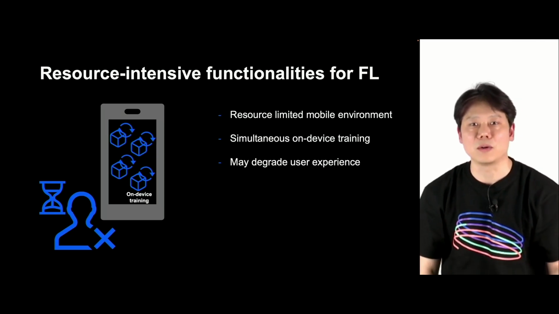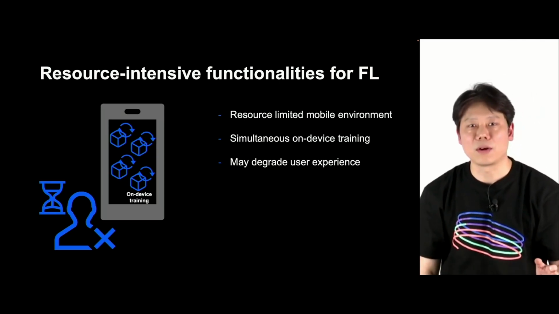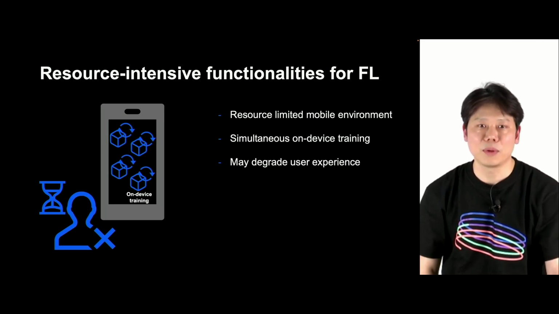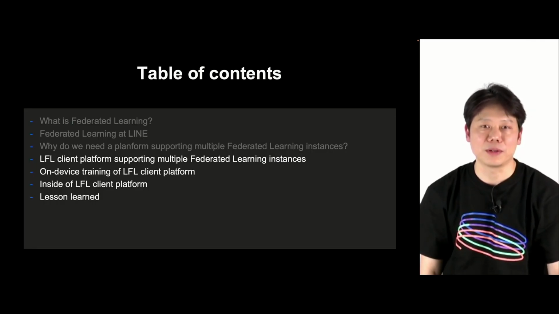So it is very important to control and manage model learning in a single place. As a result, in order to operate multiple federated learning at the same time, we not only need to be able to provide common features, we also need to create a platform structure for effective and efficient model learning.